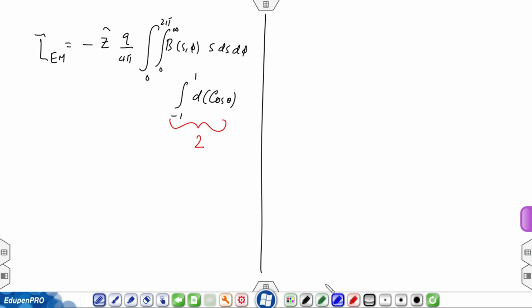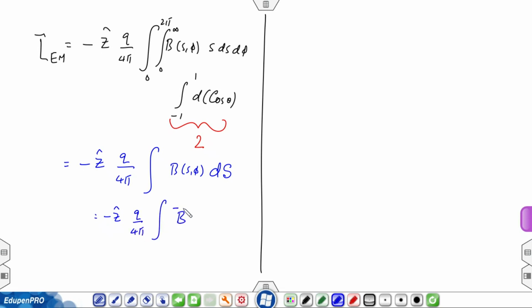So, I get this answer to be minus z q over 4 pi integration B s phi d, the area, which is minus z q over 4 pi integration B dot ds, the area, where ds is dx dy in the z direction or s ds d phi in the z direction.